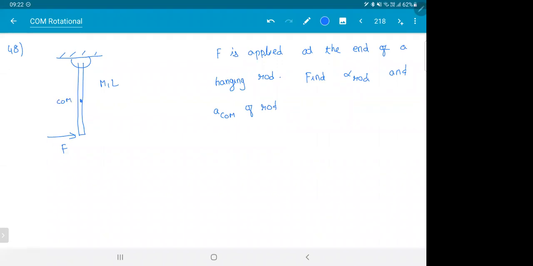Get it? You have a rod hanging, mass m, length L. You're applying a force F at the bottom. So the rod will start rotating. Find the angular acceleration of the rod and the acceleration of center of mass of the rod. Hope the question was clear.